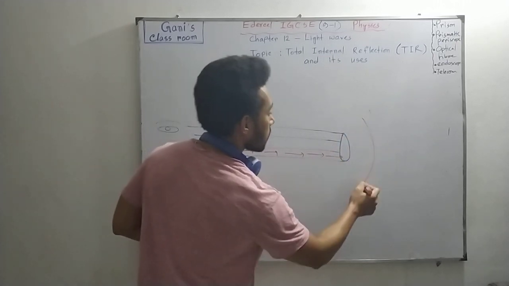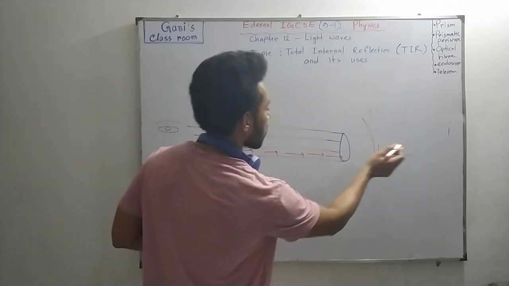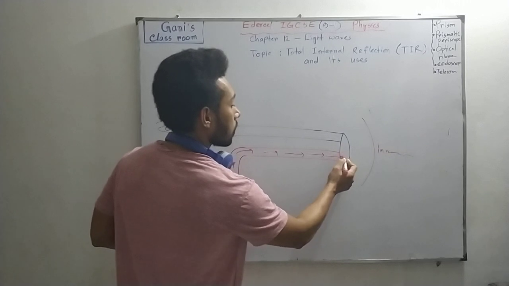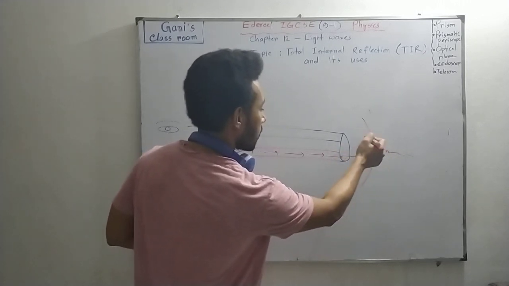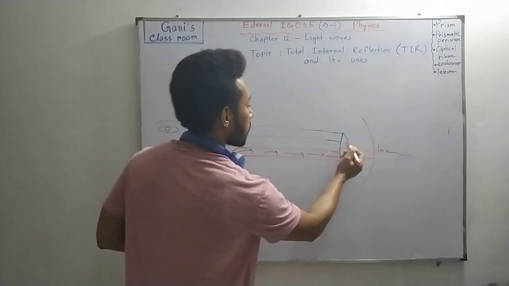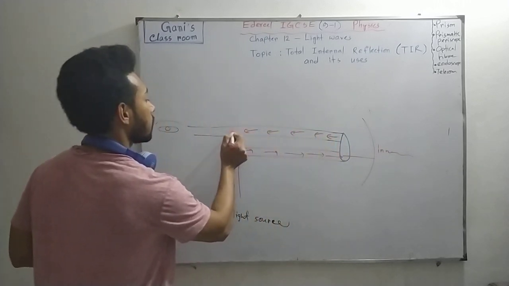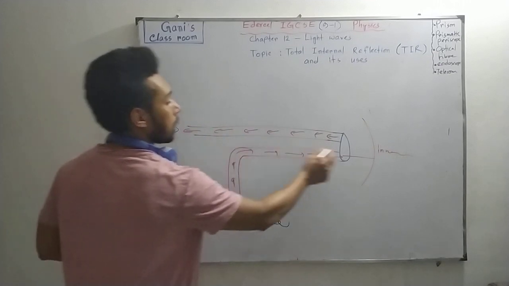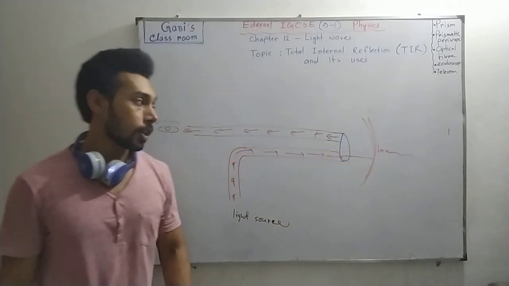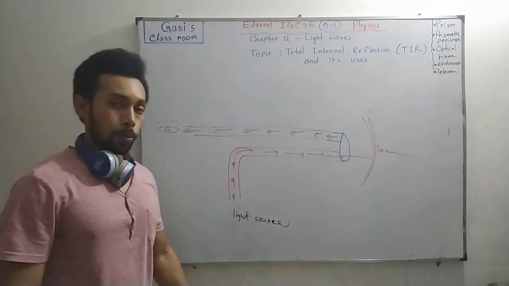This is the inner part of your body, and light being reflected from the inner part then comes along the second optical fiber, and the doctor can see the inner part of your body. This is how an endoscope works.